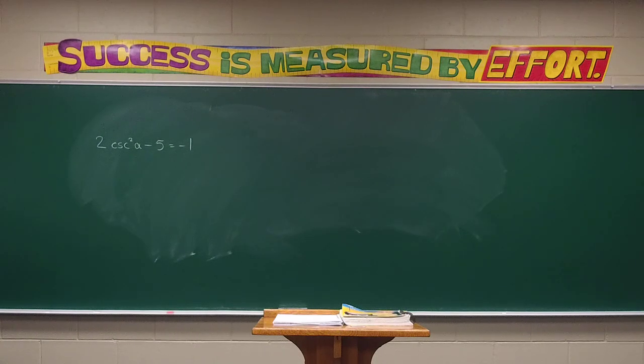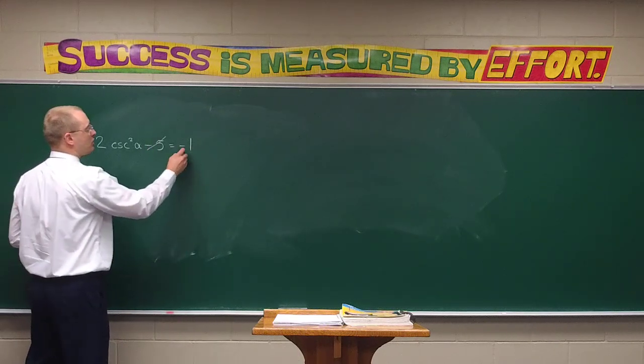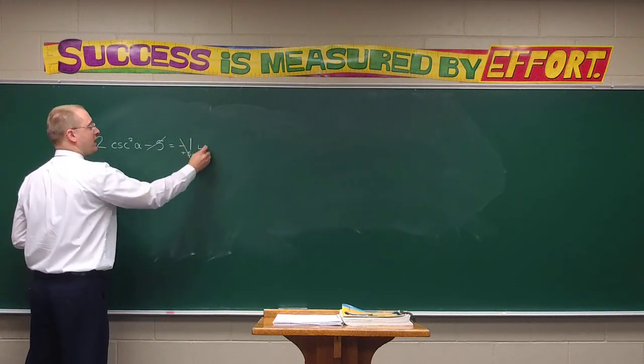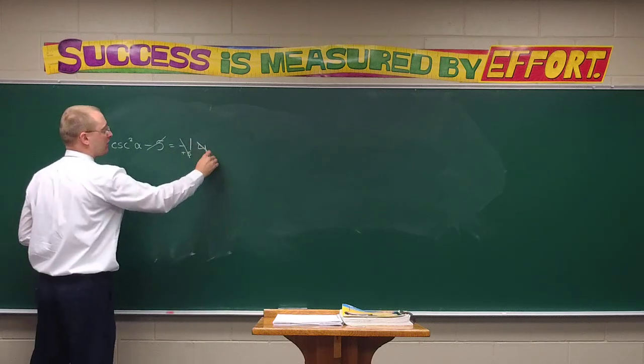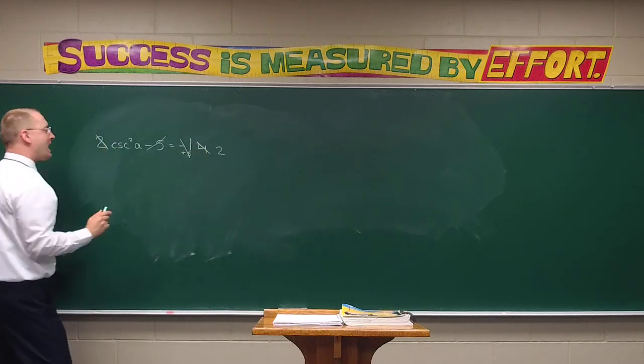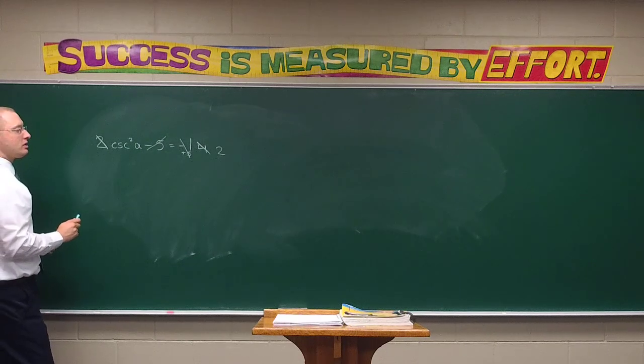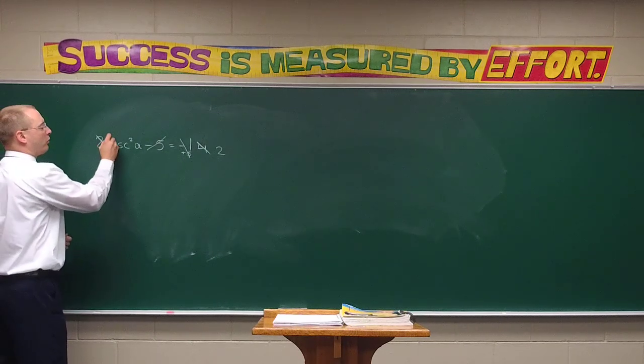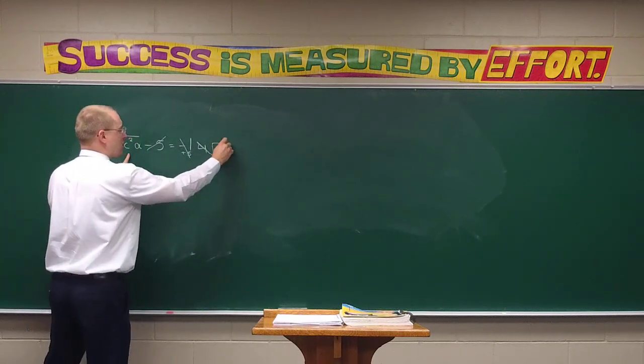To solve, we said we solve it like a lot of other equations. We try to isolate the trig function instead of isolating x. So what would I need to do? Some different steps here to isolate. Move 5 over as positive. And when I do that, that gives me 4, and then divided by 2 to get 2. And then take the square root of the cosecant squared and of the 2.